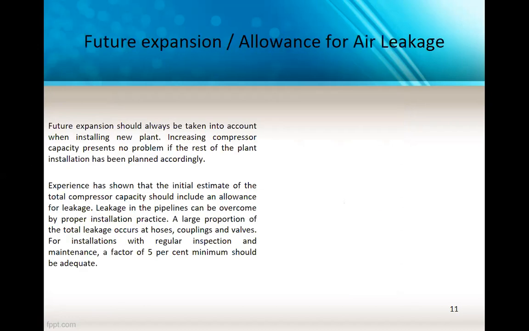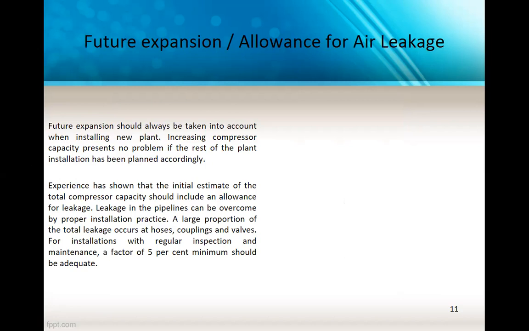Okay? Future expansion, allowance for air leakage. So, future expansion should always be taken into account when installing new plant. Increasing compressor capacity presents no problem if the rest of the plant installation has been planned accordingly. So, meron kang spare space para sa extra compressor sa system.